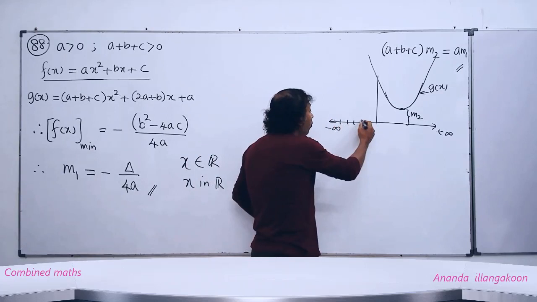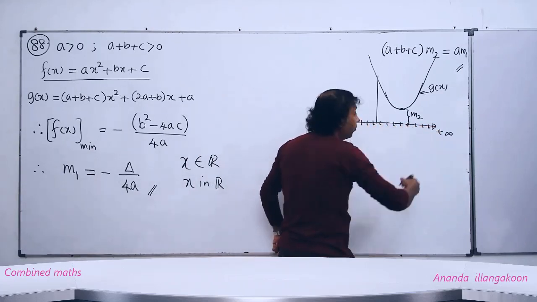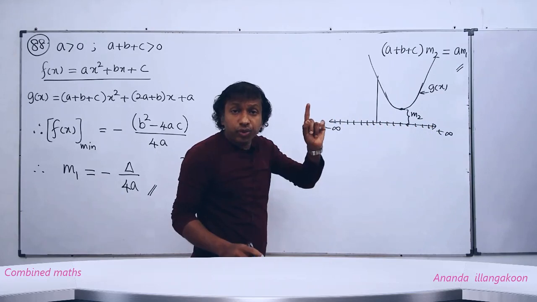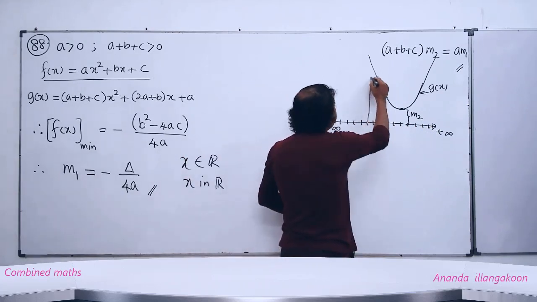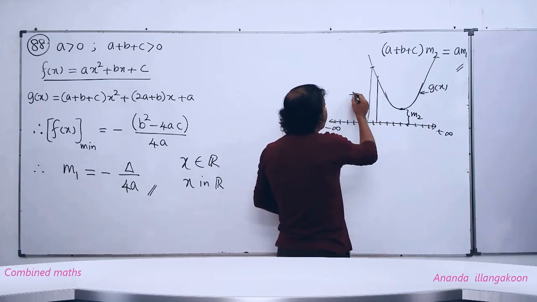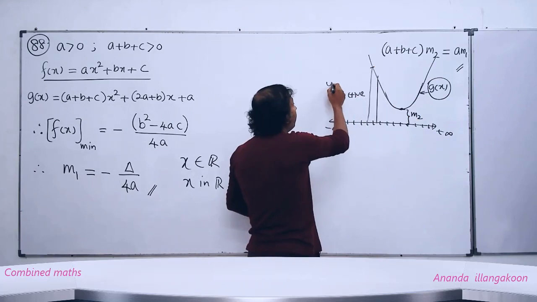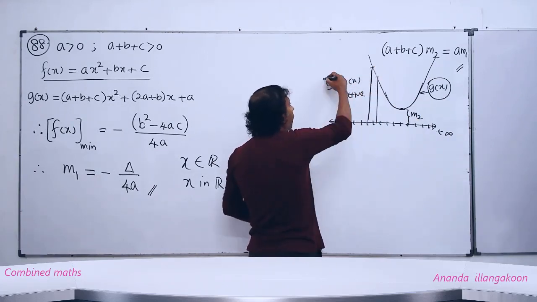For all x values means, people, all numbers on the number line available. At any point on the x-axis, when you find the y-coordinate of this graph, that means here, this y-coordinate is positive. That means this gx is positive. Y coordinate means, people, gx. This height means y coordinate. It is gx.